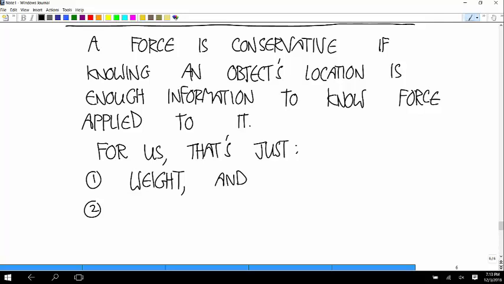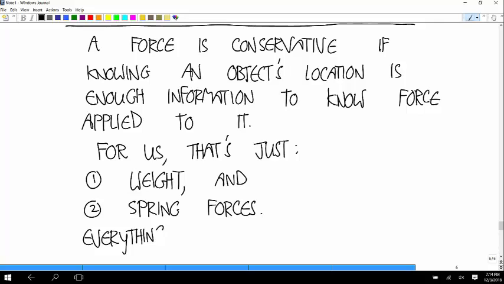It turns out that spring forces are important in engineering and physics because a lot of things can be represented as springs, but that's what it is. So weight and the force applied by springs. Everything else is a non-conservative force.